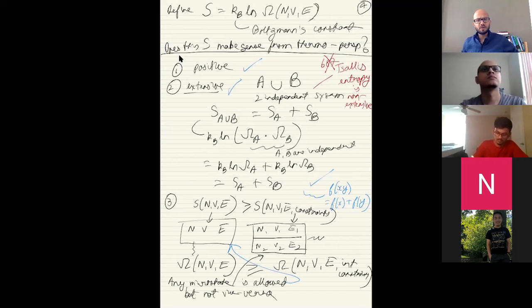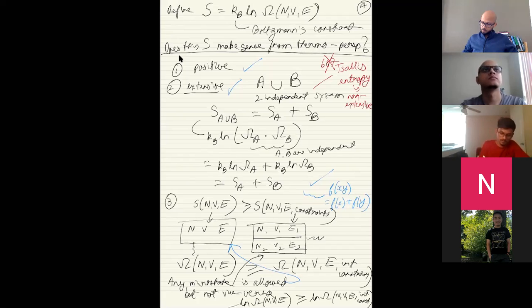And log preserves this property. You could have had some other function which inverts this, right? But log is monotonic increasing in the quantity that goes inside it. Therefore log of omega NVE is more than or equal to log of omega NVE with internal constraint.